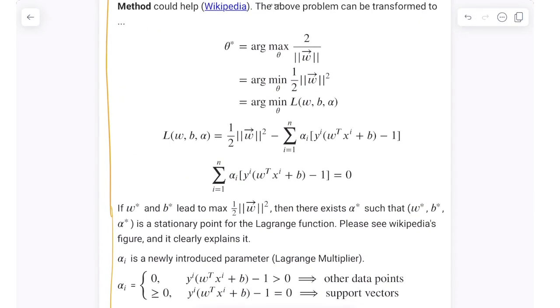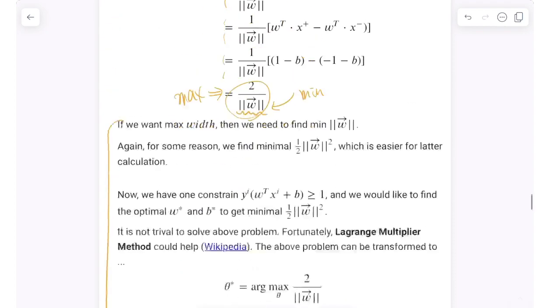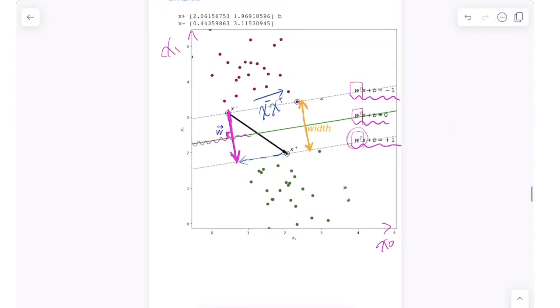Okay, so in this case, we simply represent the width. We would like to minimize the width, right? It is a function of x0, x1, and b, and w0 and w1.